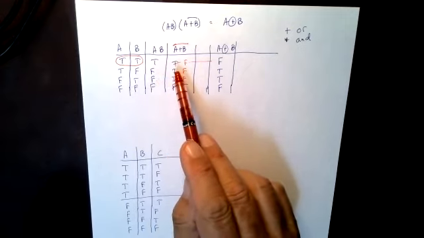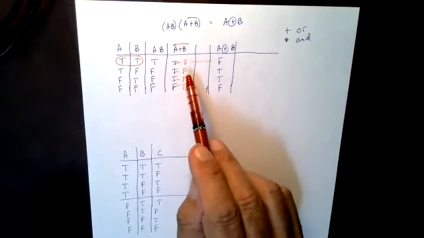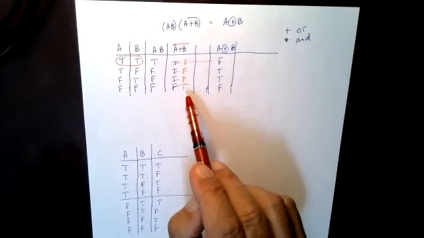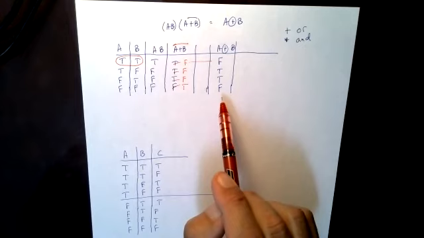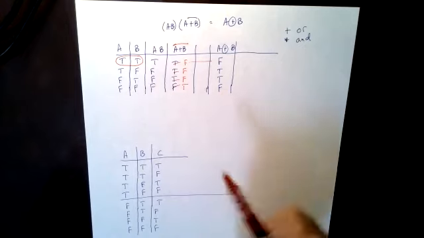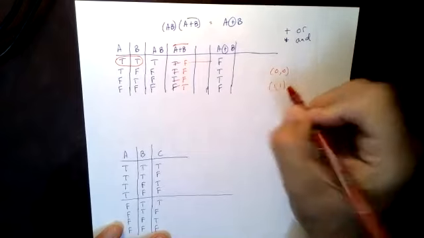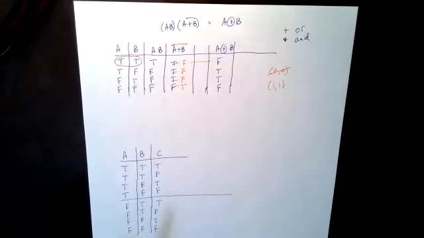A ORed with B is true, true, true, false. When I negated that, I get false, false, false, true. This is exclusive or, one or the other, but not both. Huh. So it looks like on my answer sheet, I have 0, 0, 1, 1, but 0, 0 does not work. Only 1, 1.